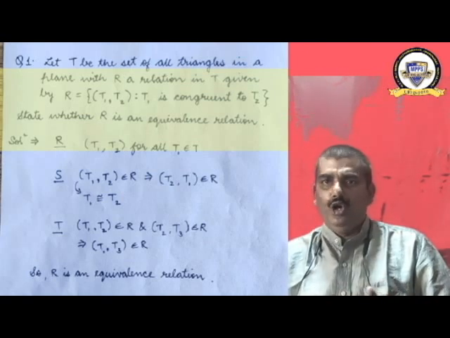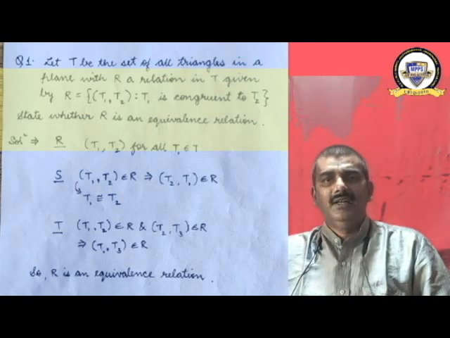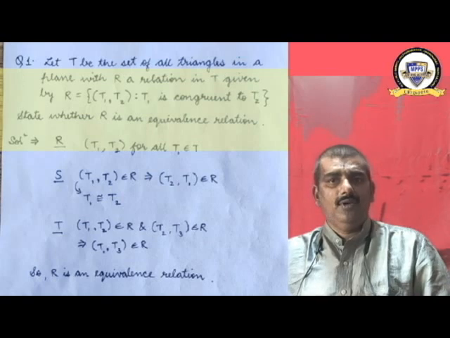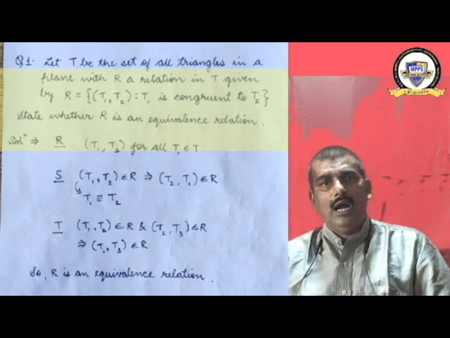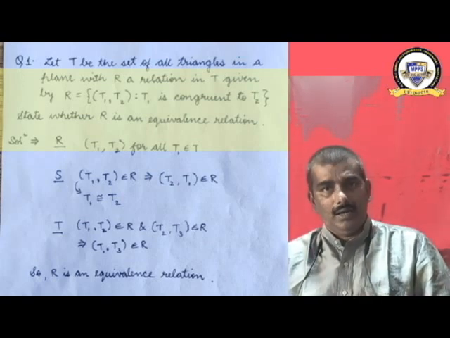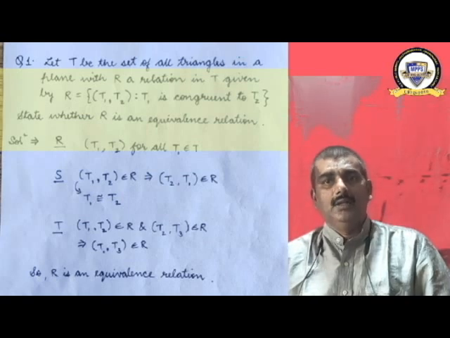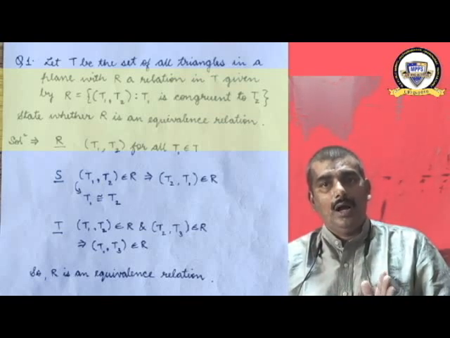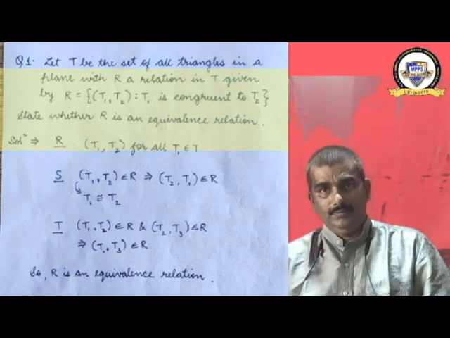Set T, many triangles are there: T1, T2, T3, T4 like that. You have to prepare a relation R such that T1, T2 are congruent.